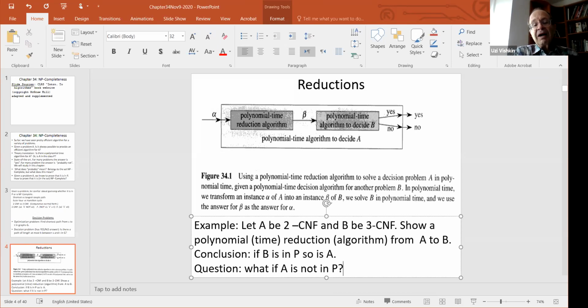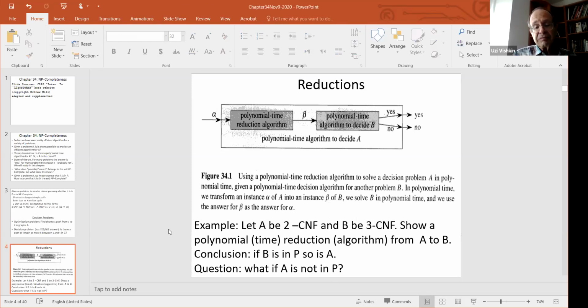Okay, so suppose now that I gave you a reduction from a problem A to a problem B. You know that A does not have, you proved it, hypothetically. Suppose we prove that A is not in P, does not have a polynomial time solution.